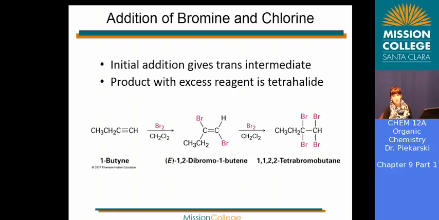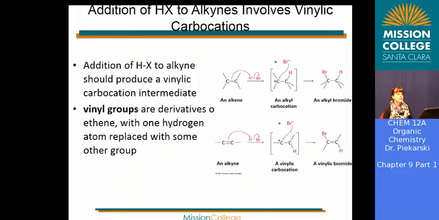And you may be wondering, well, what kind of mechanism does it undergo? I mean, does it still have the bromonium ion like we saw before in chapter 8? So, as a refresher, the first reaction I ever taught you was electrophilic addition of a double bond with HBr.